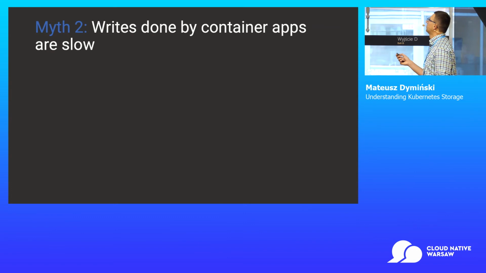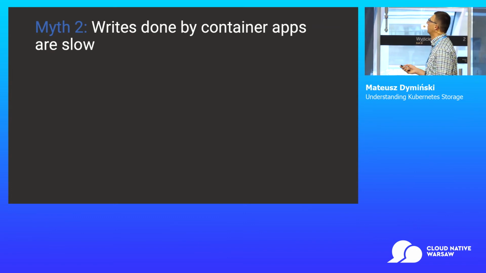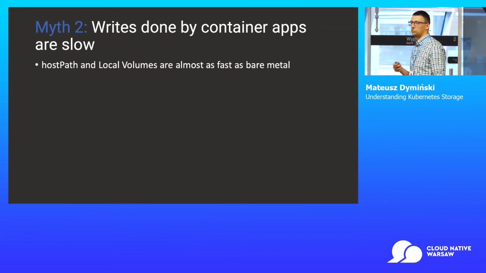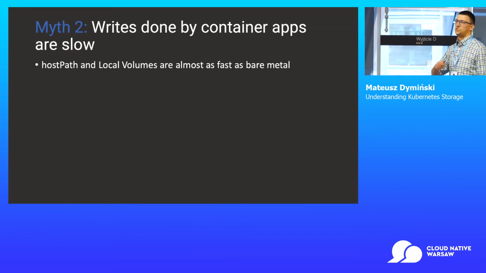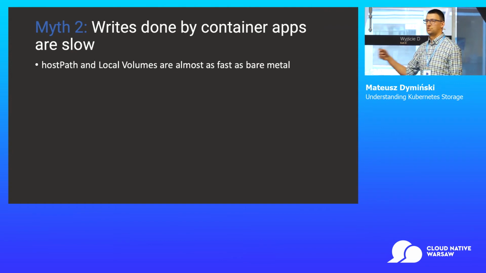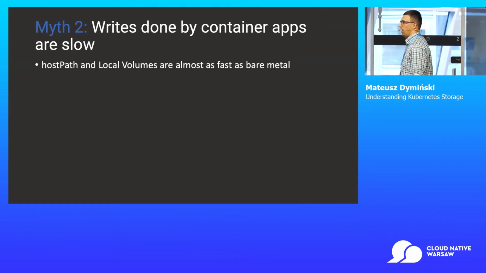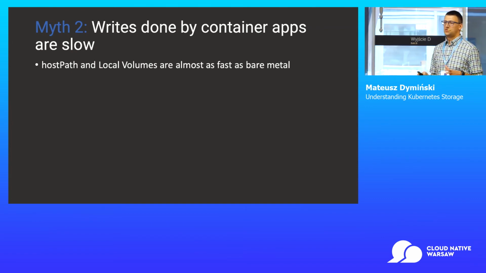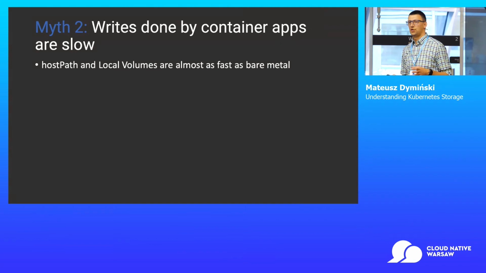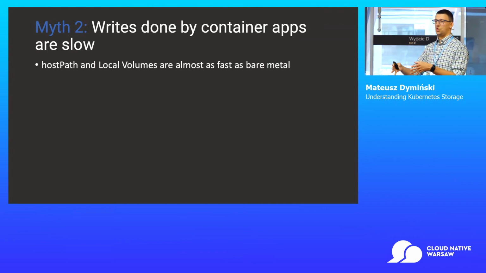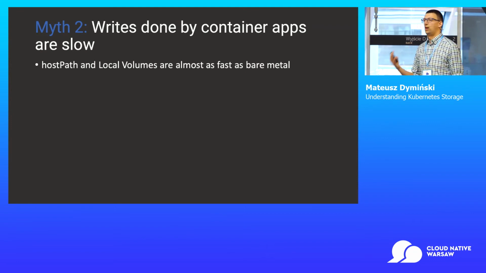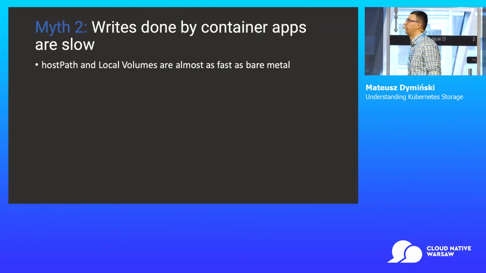Okay. The second one is that writes done by container apps are slow. If we use a host path or local volumes, those writes are almost the same speed as a bare metal installation, so it's not true. When we properly configure Kubernetes, set pod affinity and pod anti-affinity, and dedicate some nodes to, for example, Kafka or Cassandra, then we might achieve almost the same throughput and latency as on bare metal.